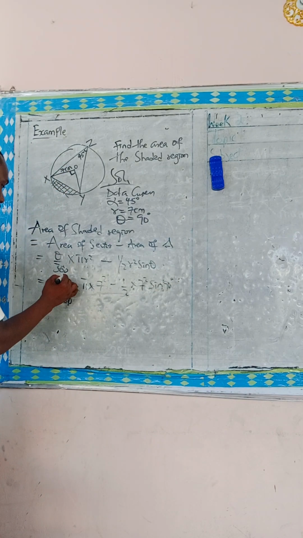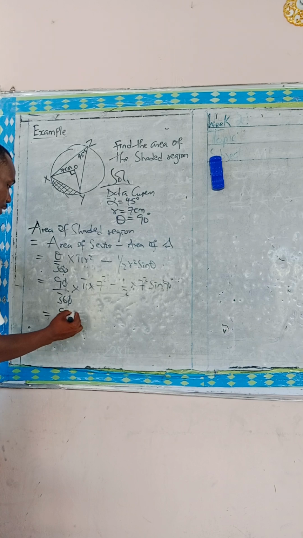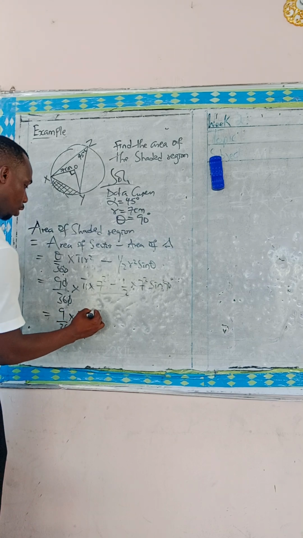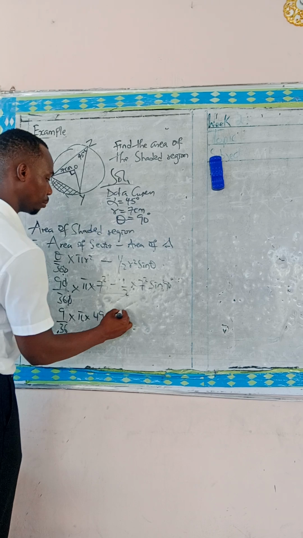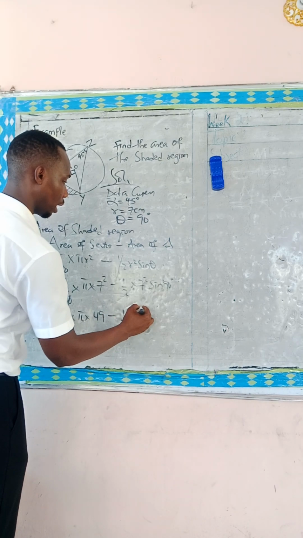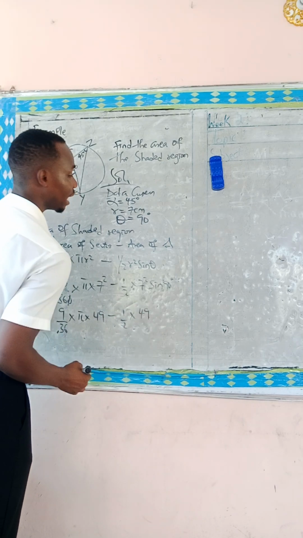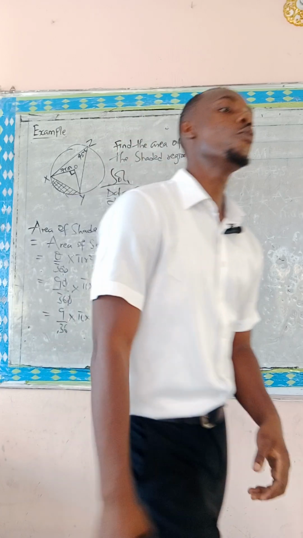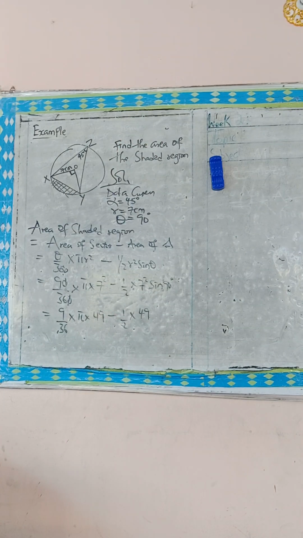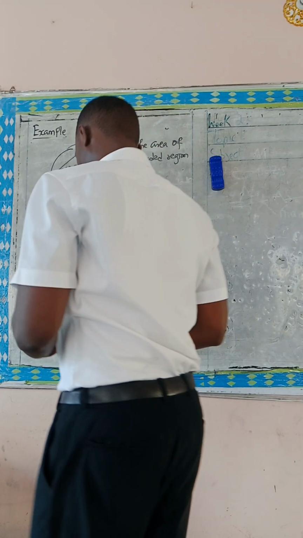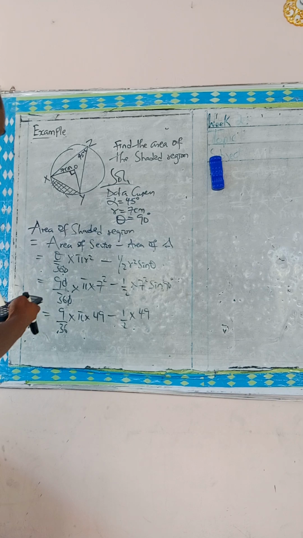So we can cancel out this: 9 all over 36 times pi times 7 squared, which is 49, minus 1 all over 2 times 49 times sine 90. Sine 90 is 1. We have calculated from 3 identities that sine 90 is 1. Now let's continue and get to the final answer.